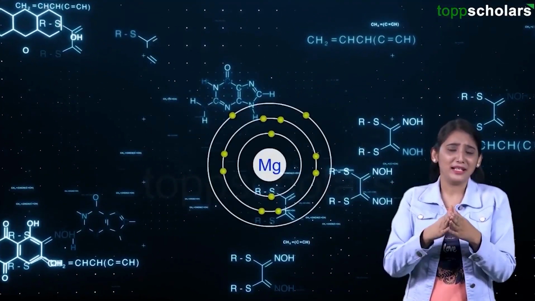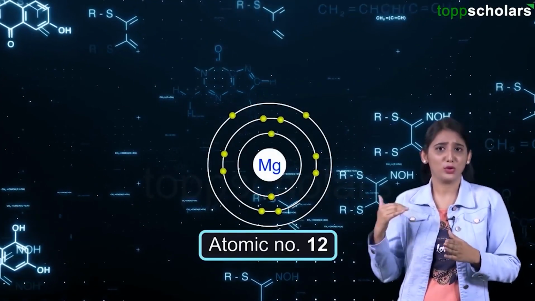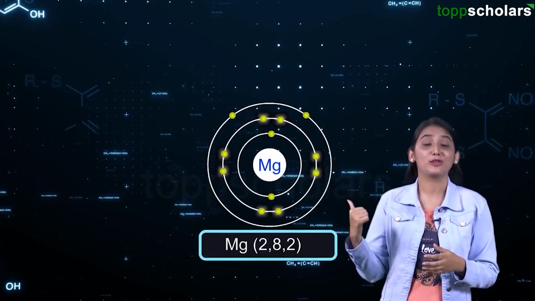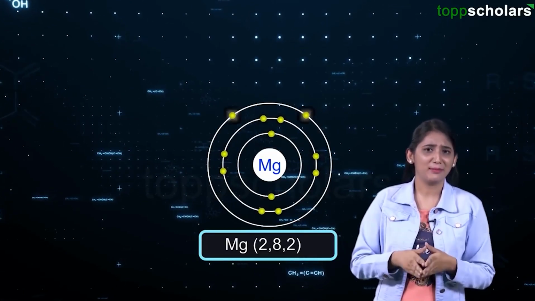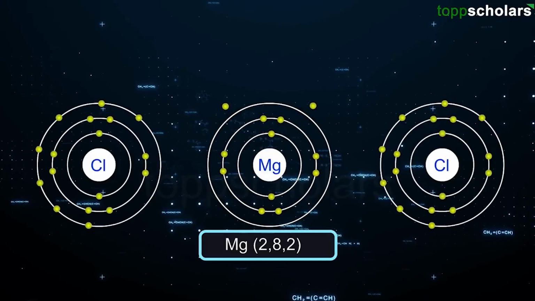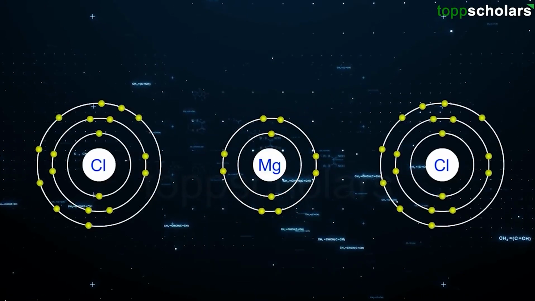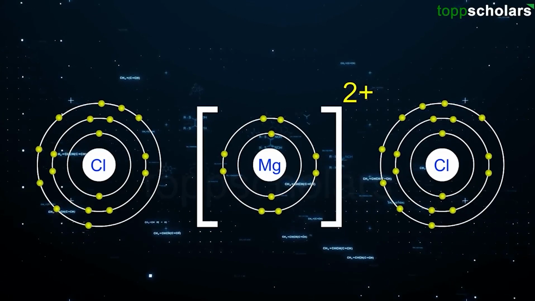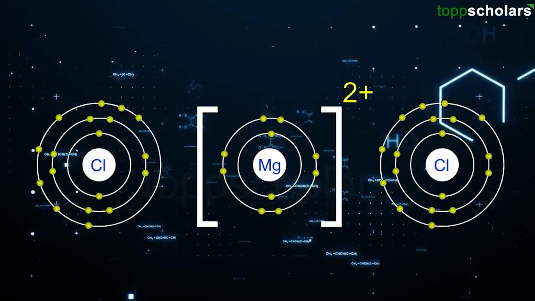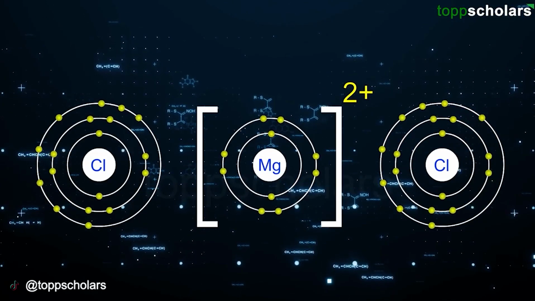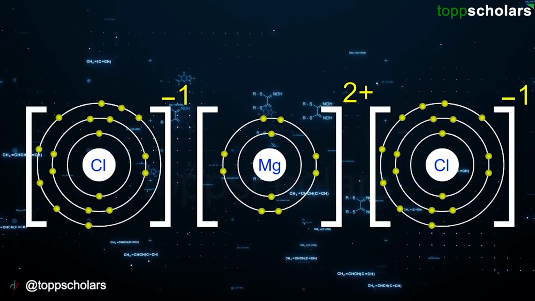So friends, magnesium has the atomic number 12, so its electronic configuration becomes 2, 8, 2. That means magnesium has 2 valence electrons. Magnesium loses these 2 valence electrons and forms the magnesium 2+ cation. These 2 electrons lost by magnesium are accepted by the 2 chlorine atoms, thereby resulting in the formation of 2 chloride ions.